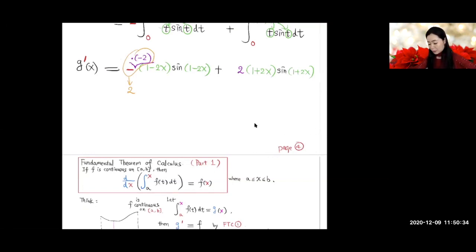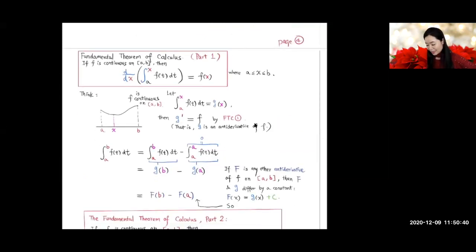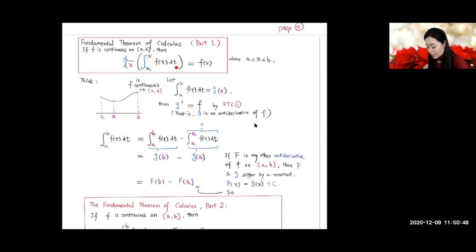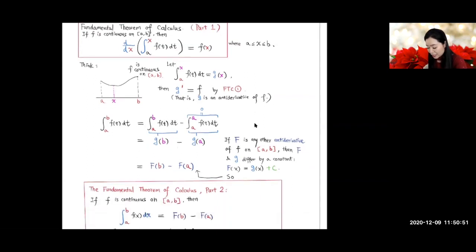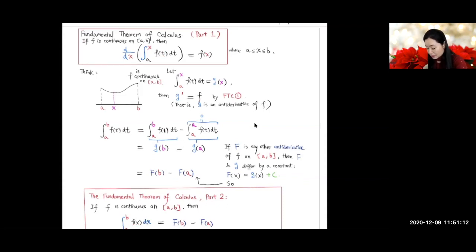Now this is part 1, that's the Fundamental Theorem of Calculus part 1. What happened over here is, when you integrate a continuous function from a to x and differentiate that with respect to x, you get back the same function f, right?